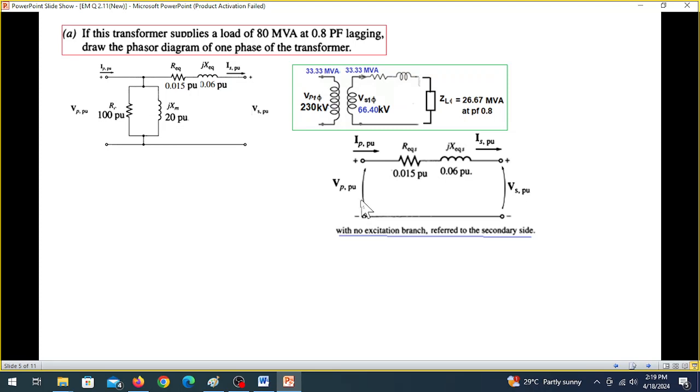So this is our simplified circuit with no excitation branch, and this is also referred to the secondary side. And the load, as we mentioned, is this load.